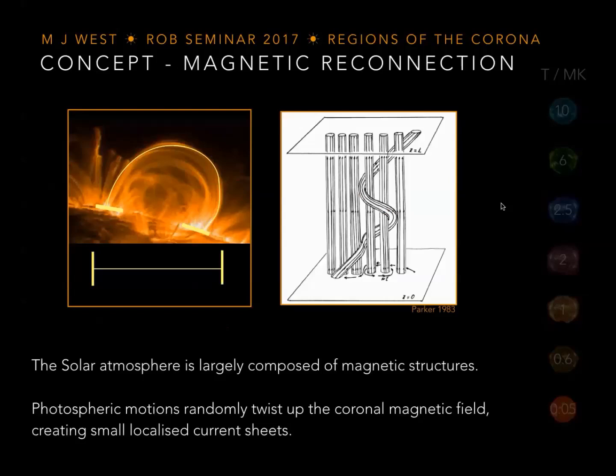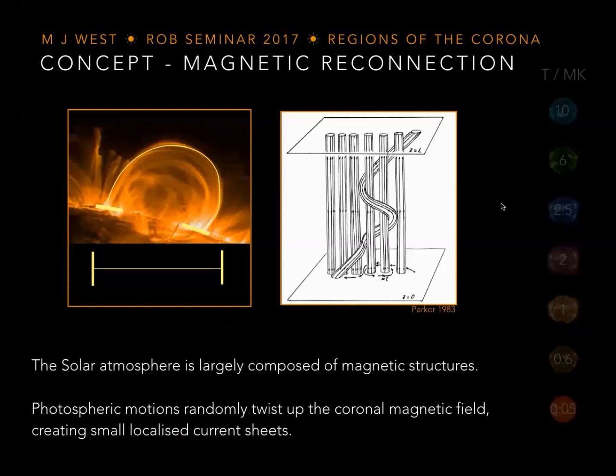The solar atmosphere is composed of these magnetic structures, and the foot points of these magnetic fields can get twisted around. The flux tubes get twisted around each other, and this creates localized current sheets.